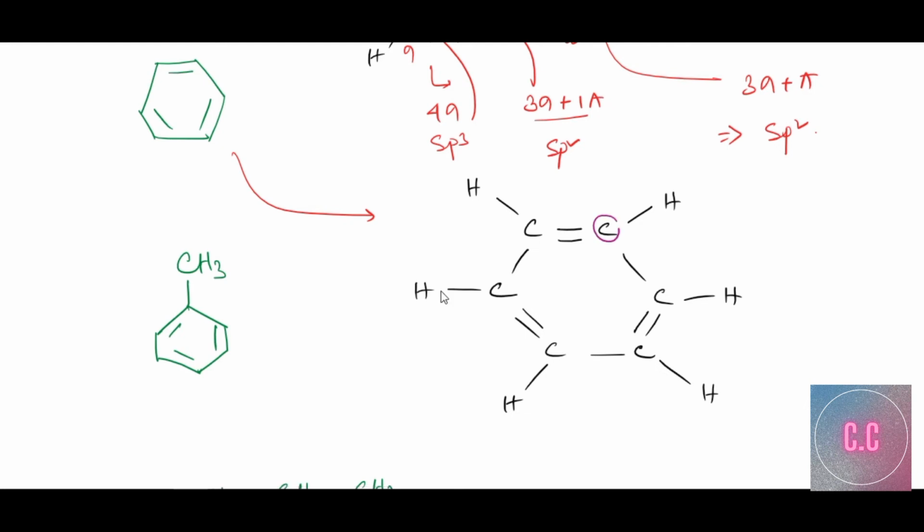So if we take this carbon, 1 sigma, second sigma, third sigma, and fourth is pi. That means 3 sigma plus pi. This will be sp2. In the same way, each carbon will see the same configuration. That means all the carbon atoms of benzene are sp2 hybridized carbon atoms.